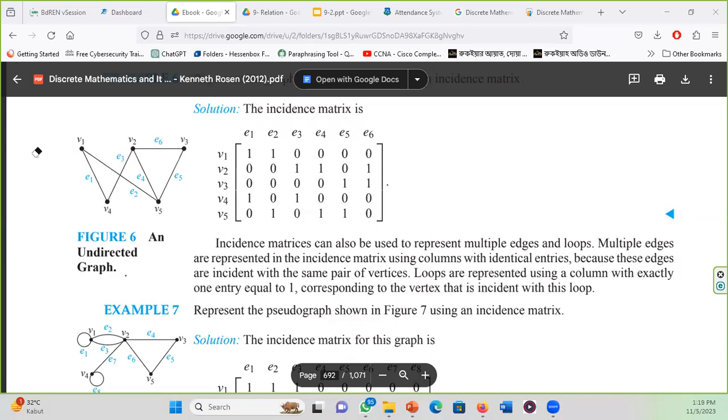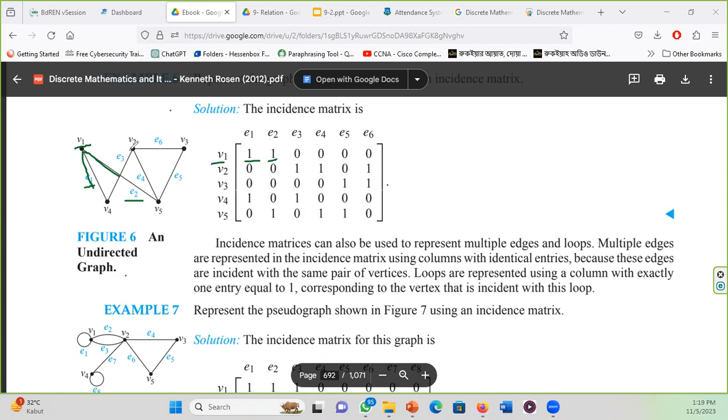Yes, sir. See from this graph, V1 is connected with E1 and E2. So this one is E1, this one is E2. So V1 has both E1 and E2, that is 1, 1. There is no connection with E3, so that is 0. E4 also 0. Other than that, everything is 0.